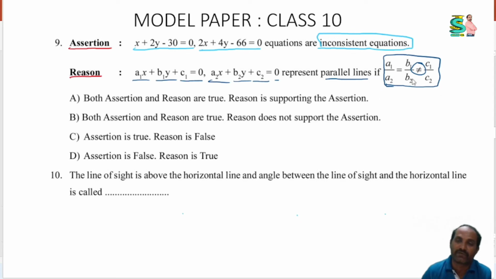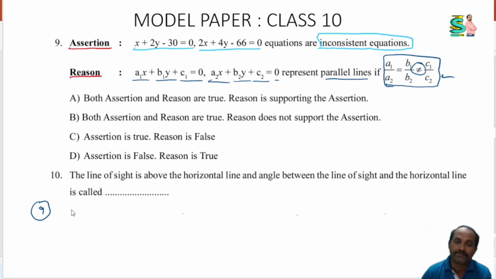First two ratios equal and third ratio is not equal. Let us check whether those are equal or not. Here the consistent lines formula is given. This one is correct. Now let us check whether these are consistent or inconsistent.